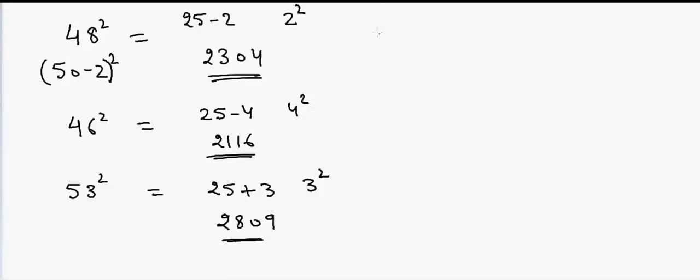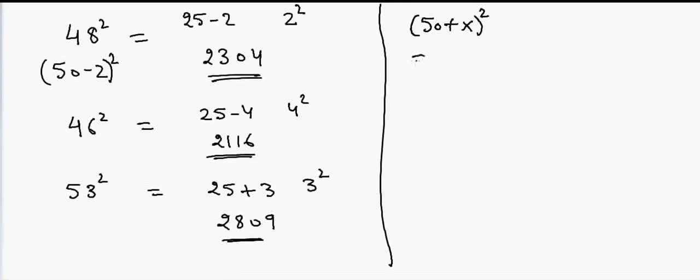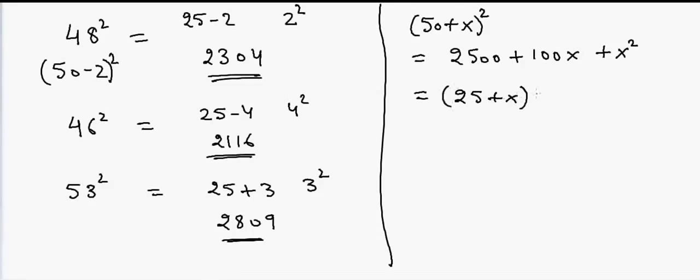How does this trick work? Let's look at the left side. If we have something close to 50, it can be written as (50 plus x) squared, and that can be written as 2500 plus 100x plus x squared, which is equal to (25 plus x) times 100 plus x squared.